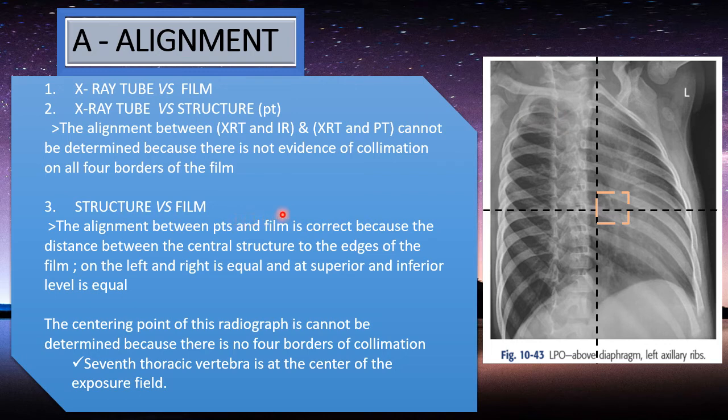The alignment between patient and film is correct because the distance between the central structure to the edge of the film, the left to the right, and superior to the inferior is equal. The centering point of this radiograph cannot be determined because there are no four borders of collimation. So the 7th thoracic vertebra must be at the center of the exposure field.